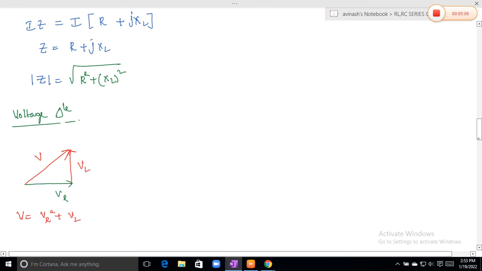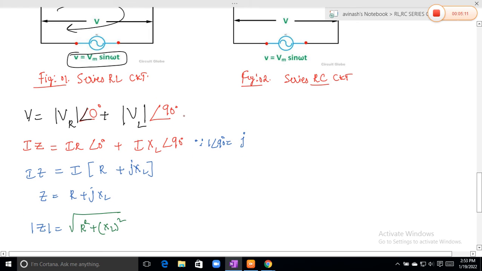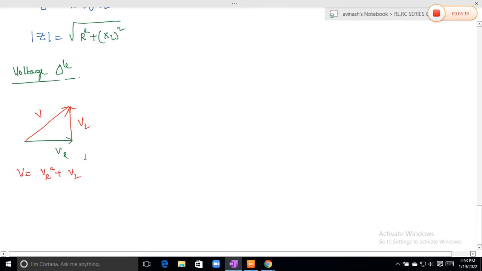If you apply the magnitude condition to this equation, then what do we get? V is equal to the square root of VR square plus VL square. We have identified the magnitude here. In the same way, what will the angle be? Imaginary part divided by real part. This is the voltage triangle.